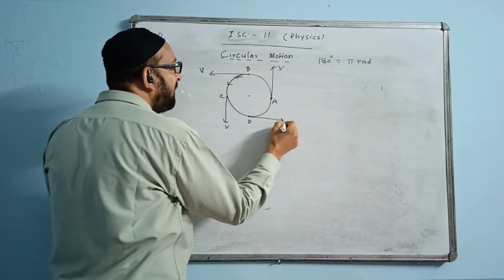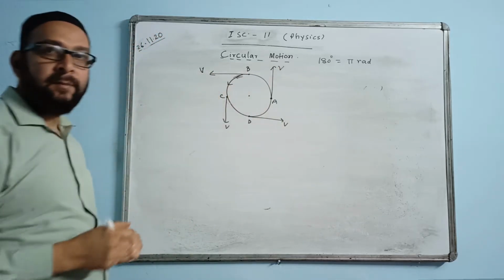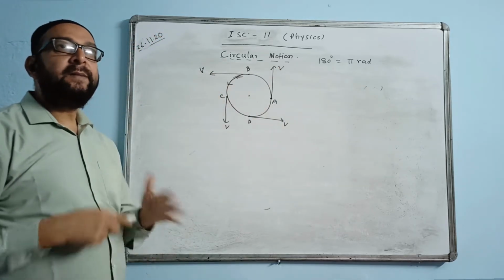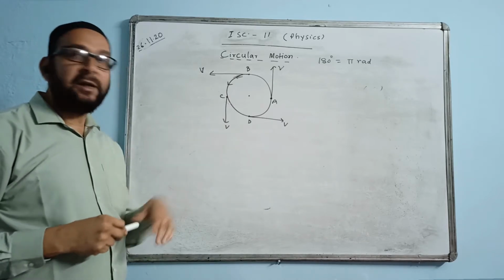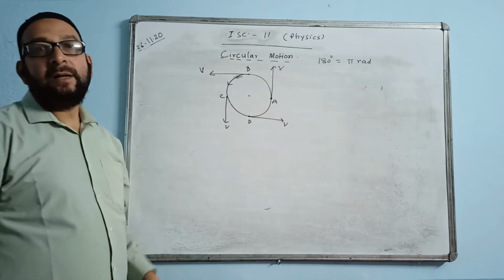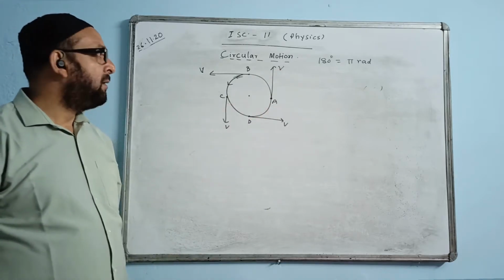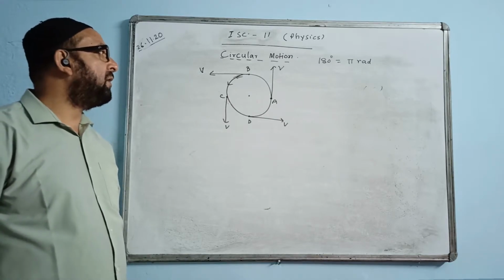At all points, it is given by the tangent. Whereas the velocity magnitude is constant, its speed remains constant, but velocity will never be constant because of the changing direction of its motion. Is velocity variable? Yes, because of the changing direction of its motion at every point.